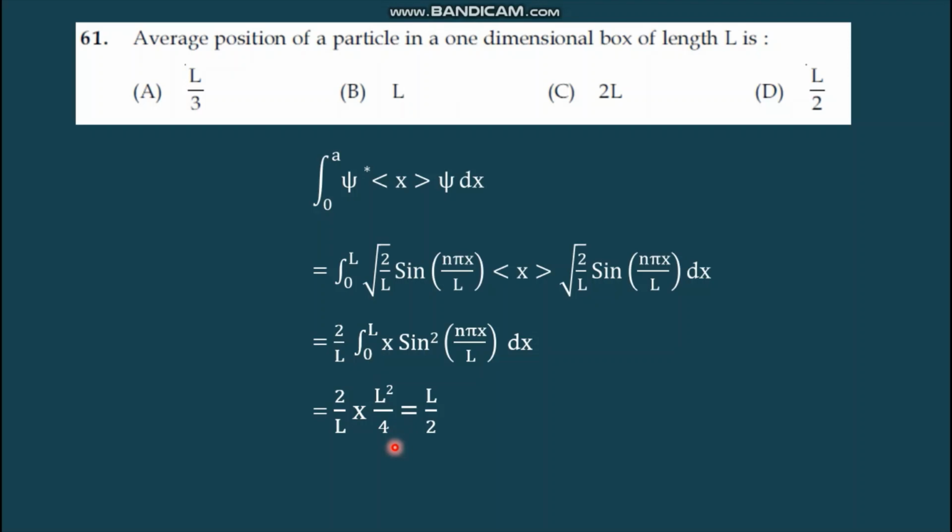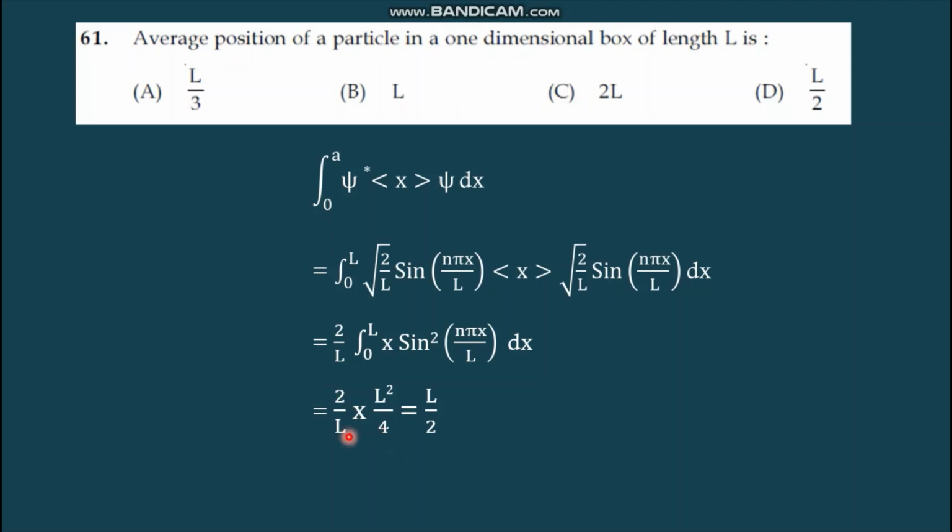If you're comfortable with this integral part, then no problem. Otherwise it's a lengthy procedure. So one thing you can do is remember this value, these are the common integrals that we see in quantum mechanics. Otherwise you can solve it. How to solve it, I will explain on my Instagram page.